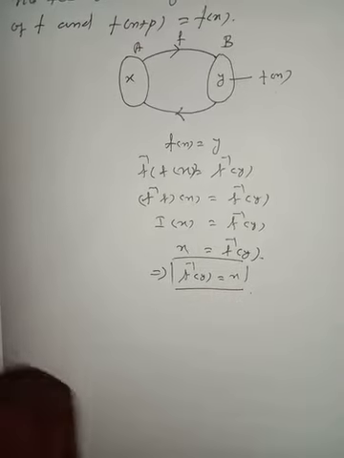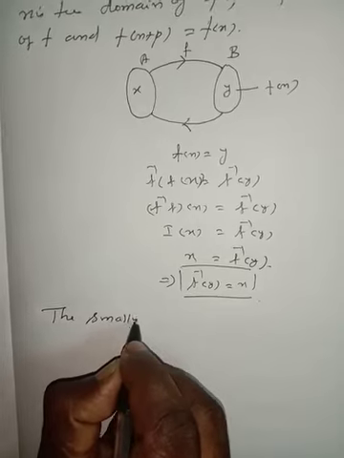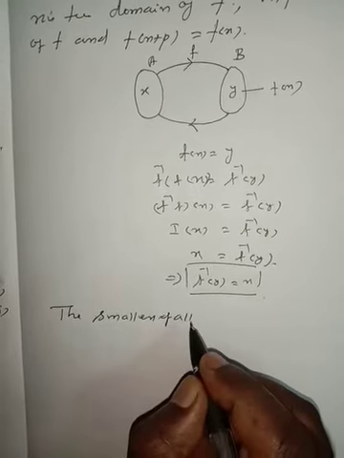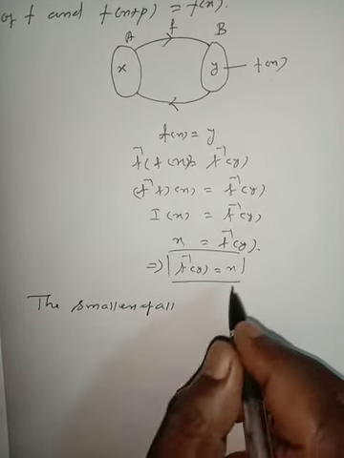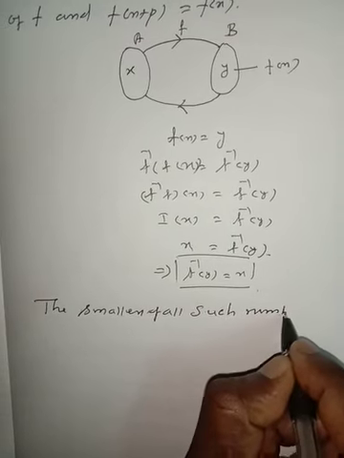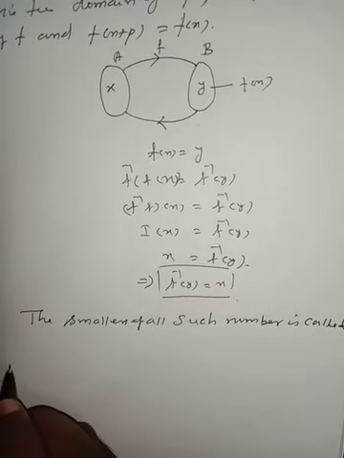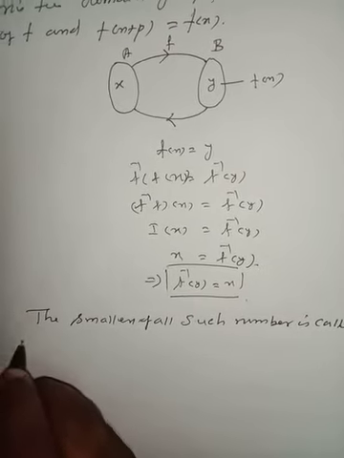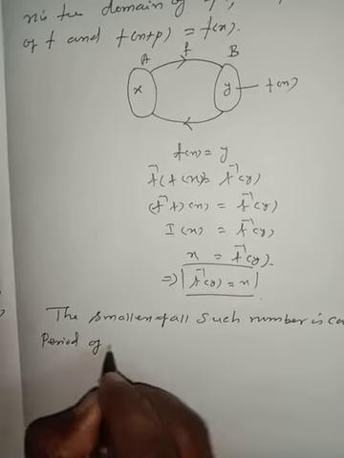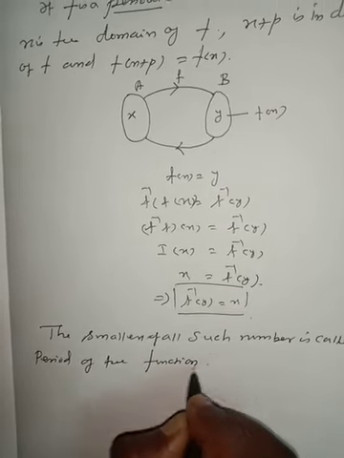Next definition: the smallest of all such numbers is called the period of the function f.